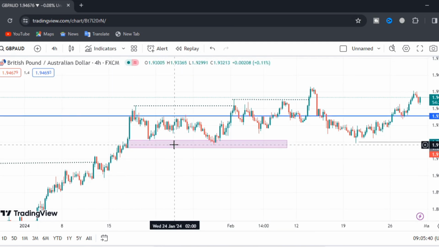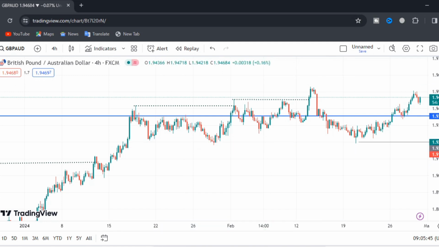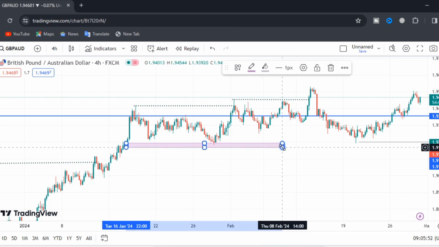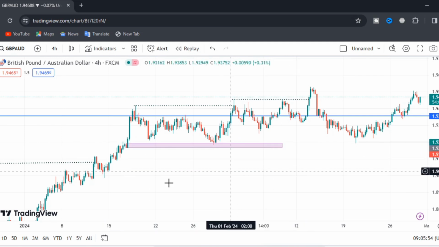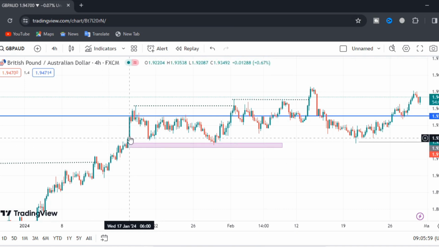It is the profitable order block that was formed and followed by this impulsive move that made a fair value gap.